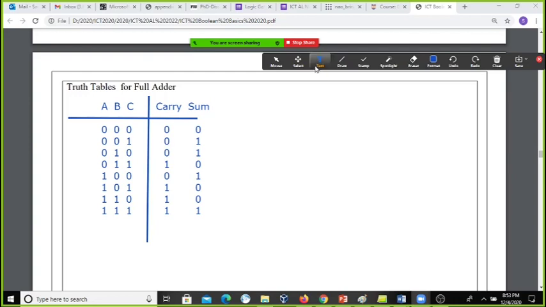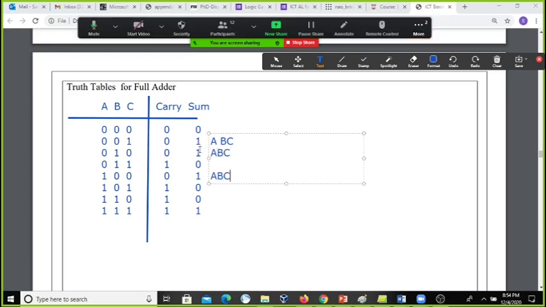We want to write the Boolean expression for the sum. Now we just take this sum, this one. So then you can write for the one, A, B, C multiplication. Next one also A, B, C multiplication. This one also, and this one also A, B, C multiplications.